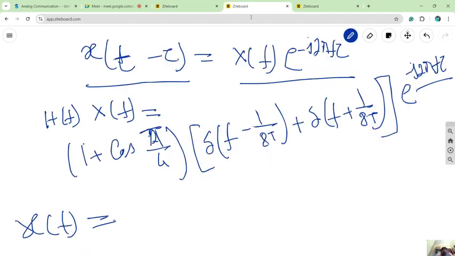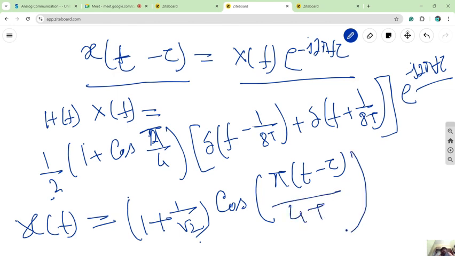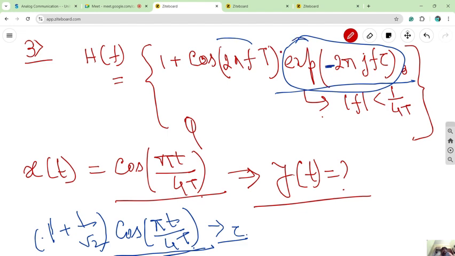The output will be 1 plus 1 by root 2, with the half term, and then cos of pi times t minus tau by 4t. This is the only time shift delay, the only contribution of this particular effect.